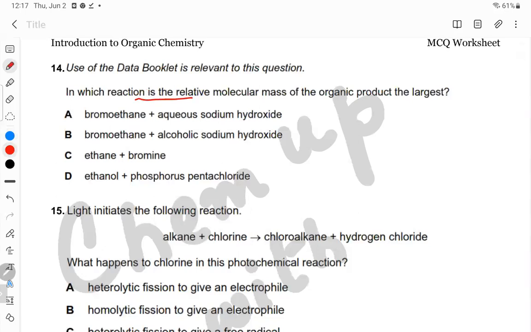In which reaction is the relative molecular mass of the organic product the largest? Okay. A, bromoethane. What is the formula of bromoethane? C2H5Br reacts with sodium hydroxide. Then what organic product am I going to get? C2H5OH. Again, I have bromoethane.